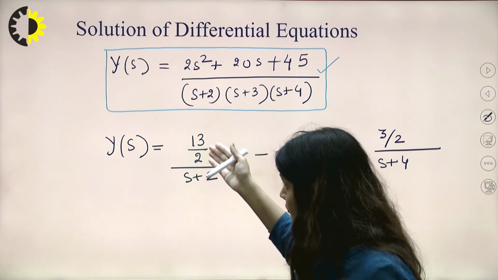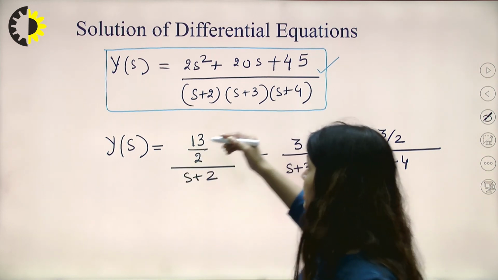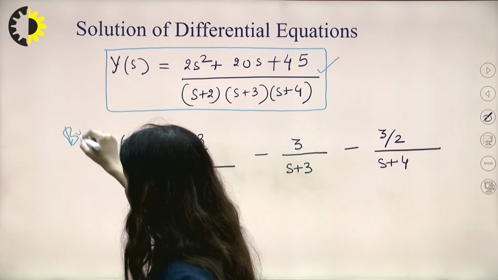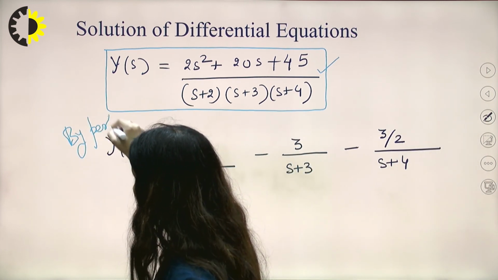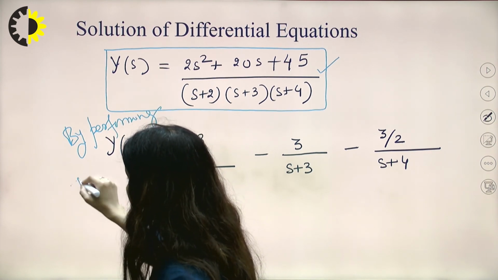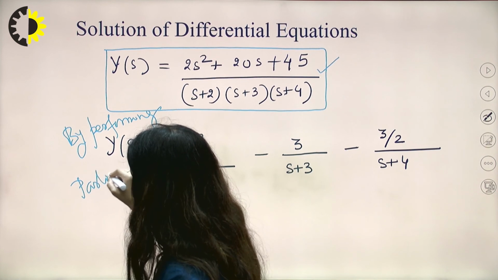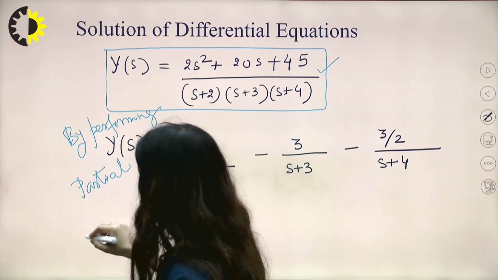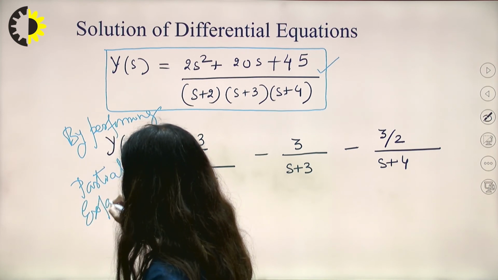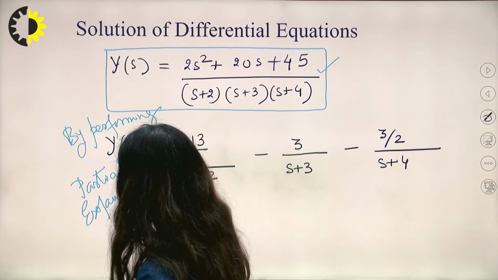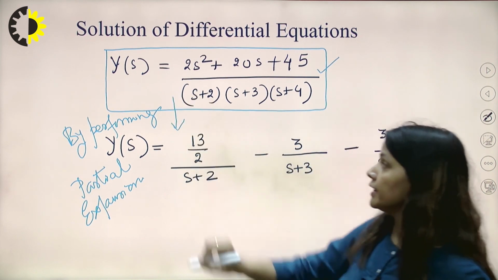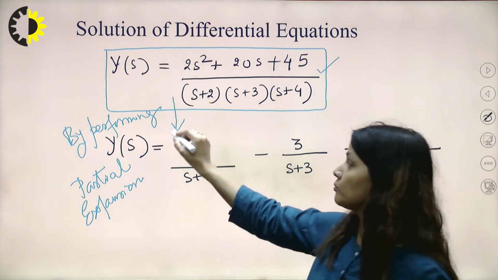So we will perform the partial fraction expansion, and by performing partial fraction expansion we can convert this Y(s) into this particular form.